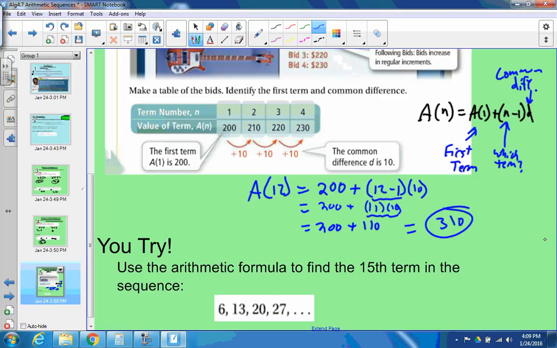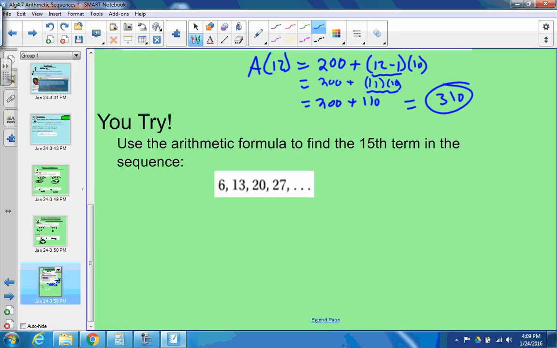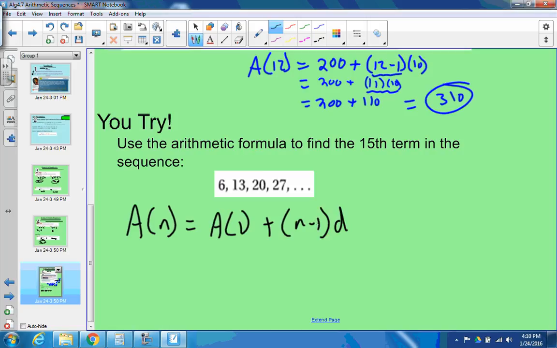So we're going to try one more. I would like you to use the arithmetic formula to find the 15th term in the sequence. And I'm going to go through this one with you. So again, we're going to use that formula. I'll write it out again. Here we go. So if we look at this, our common difference is going up by 7 here. Goes up by 7 here. Goes up by 7.